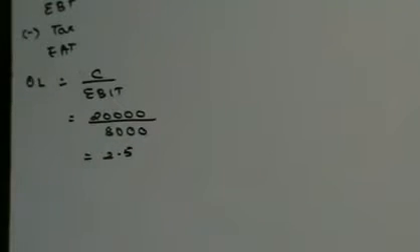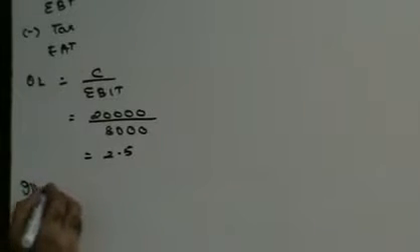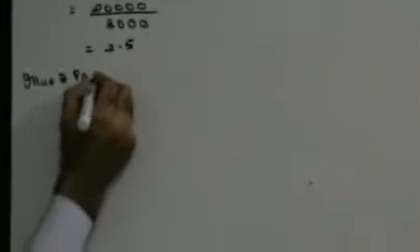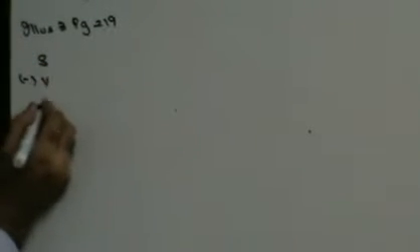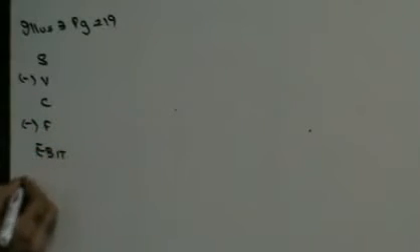Can you please see the third sum? You will see illustration 3, page 290. Let's make the table first. Sales less variable cost gives you contribution, less fixed cost gives you EBIT, less interest gives you EBT, less tax gives you EAT. Right?